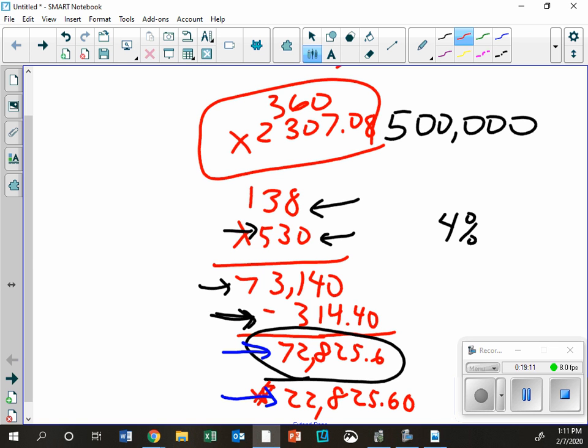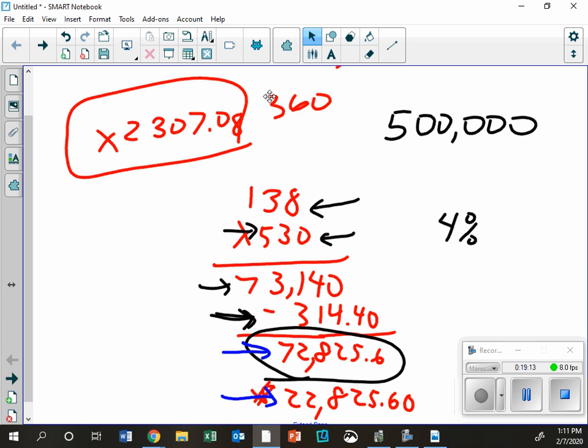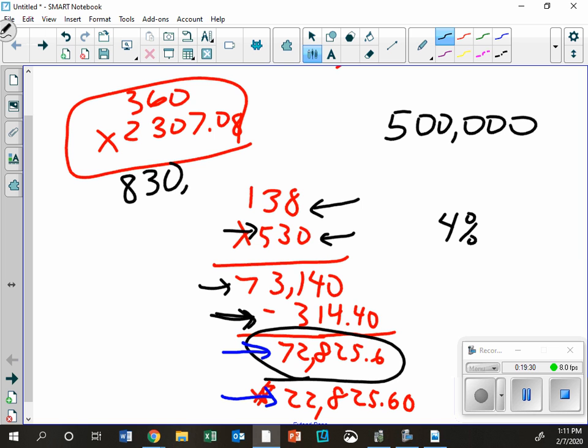That's how much money you really paid for your house. And hint, it's not going to be $500,000. It's going to be a lot more because you paid interest. Would you tell me, sir, what you got with 360 times 2307.08? And 80 cents.